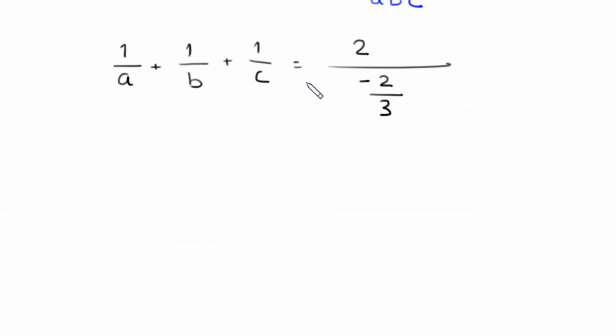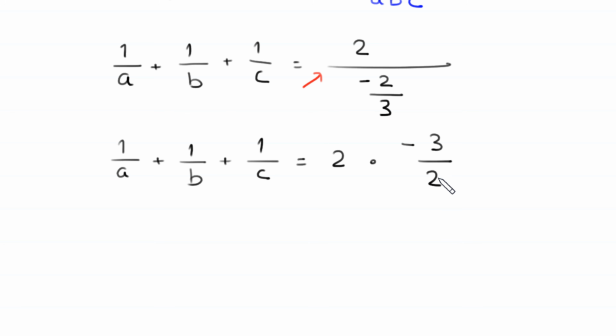Now we change this division sign into multiplication, then this will become 1 over a plus 1 over b plus 1 over c equal to 2 multiplied by negative 3 over 2, and these 2s will be cancelled out.